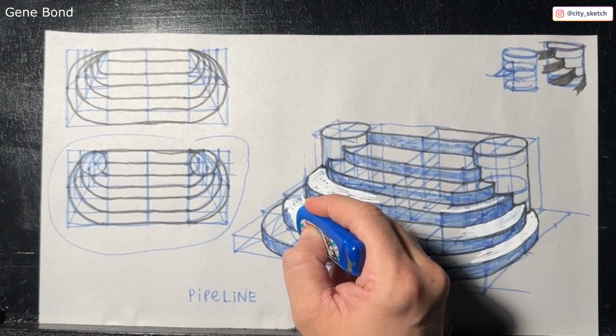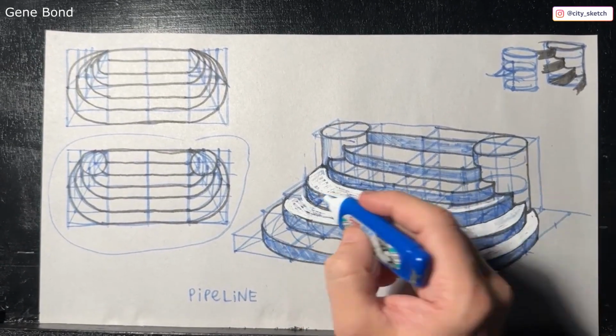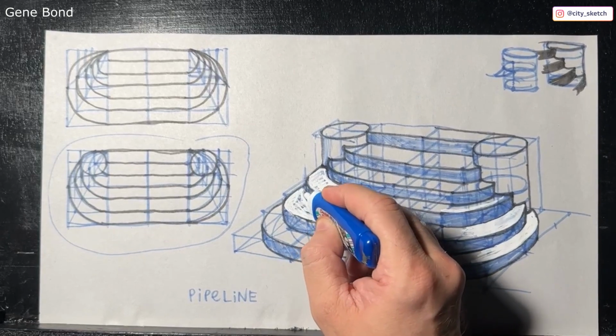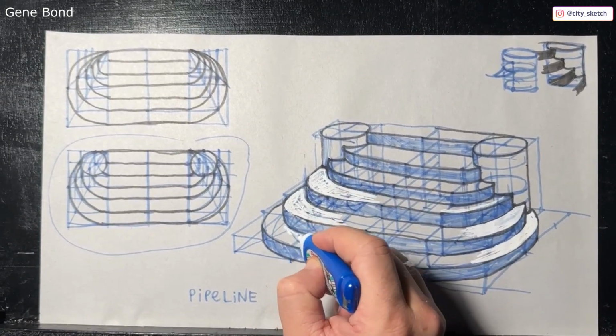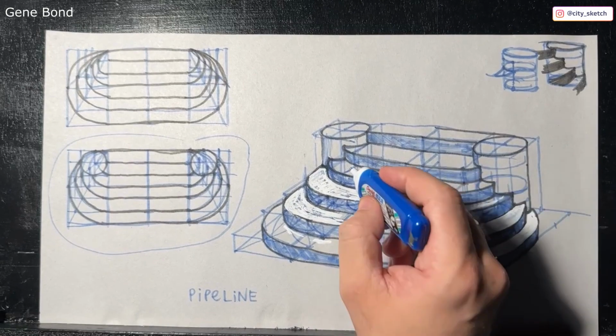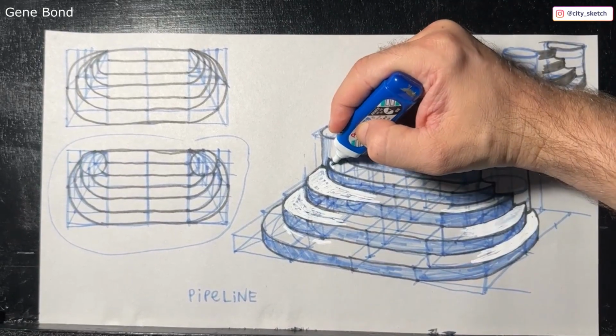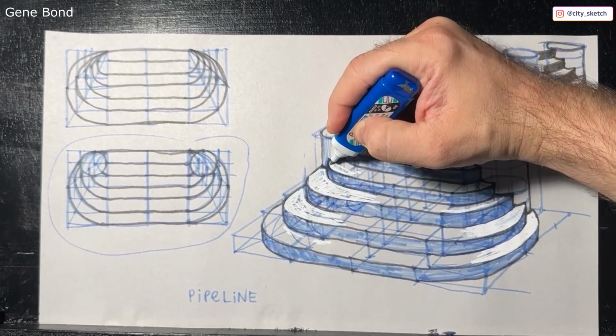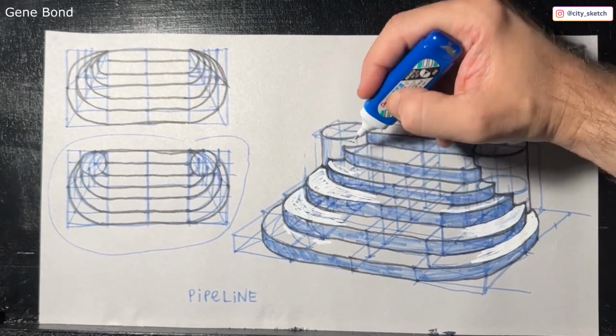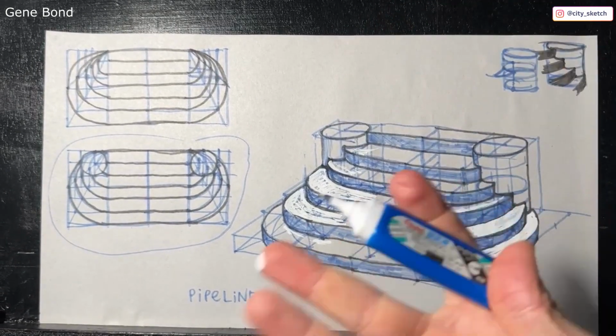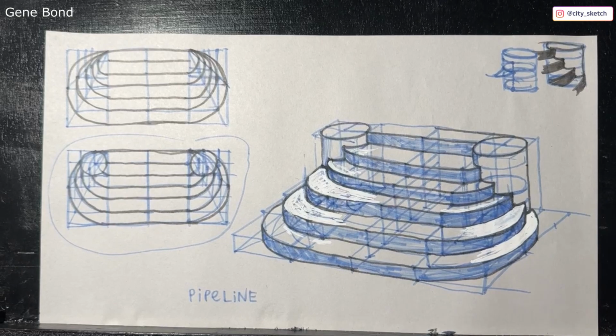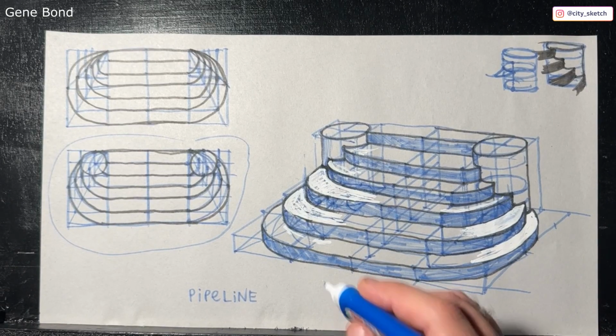Yeah, and of course, if you draw like this in Procreate or in Photoshop, you can draw so many layers, so it's very easy and not so confusing, like when you don't have multiple layers, only 2 layers like this.